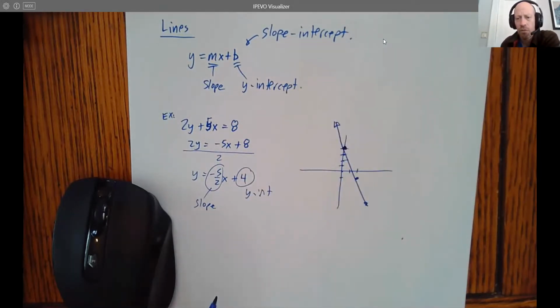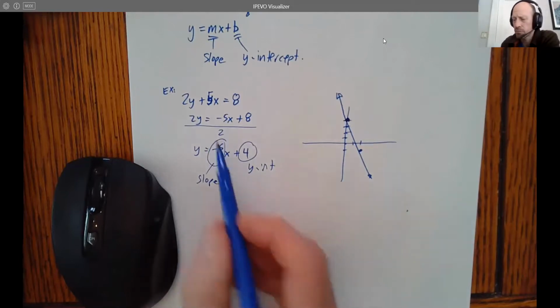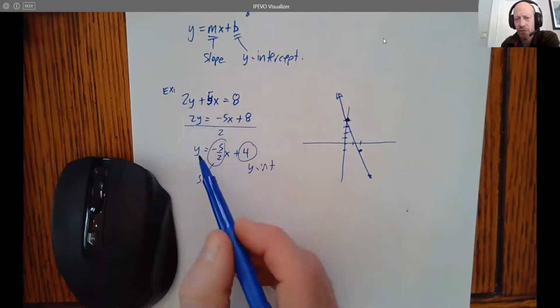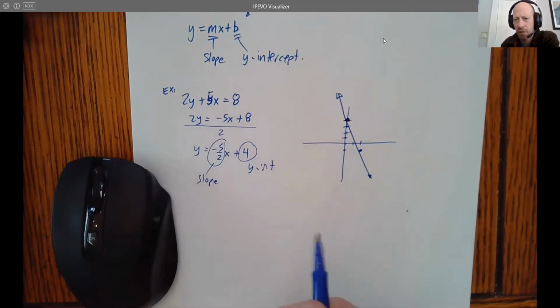So that's a really handy way to graph a line. I don't have to plot points. It's much less likely to make errors typically when you're using that information. So, right, we take the line, we try and put it into this form, and then from that form I can graph it.